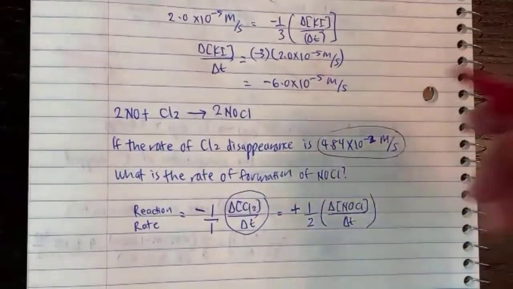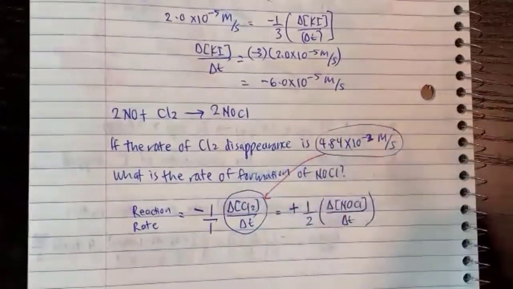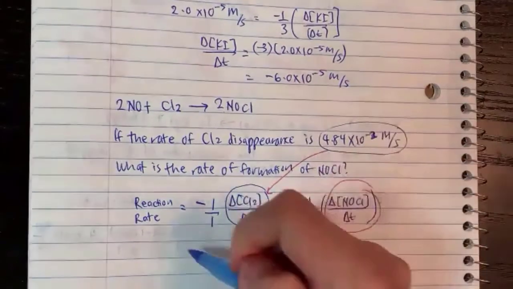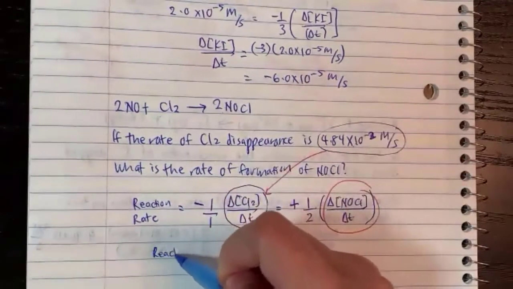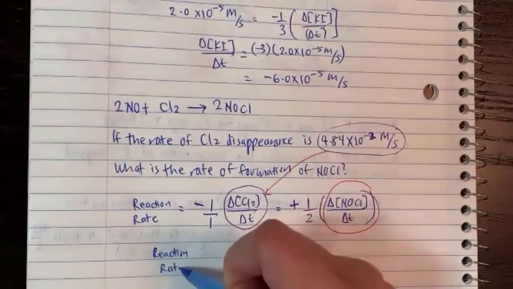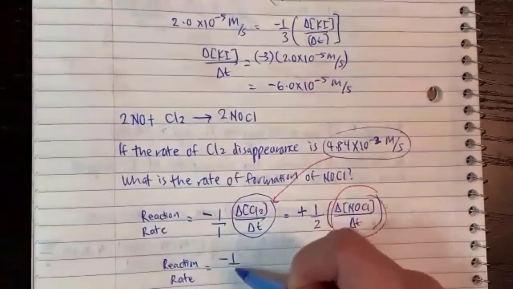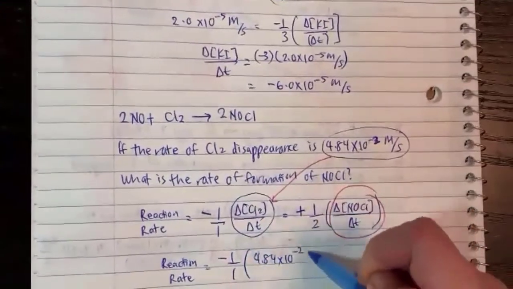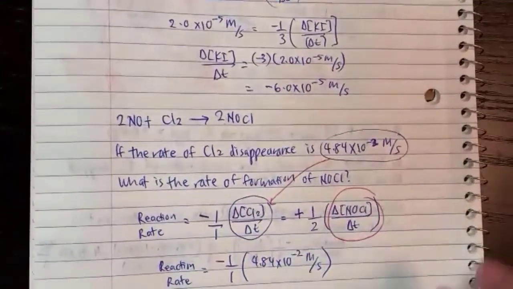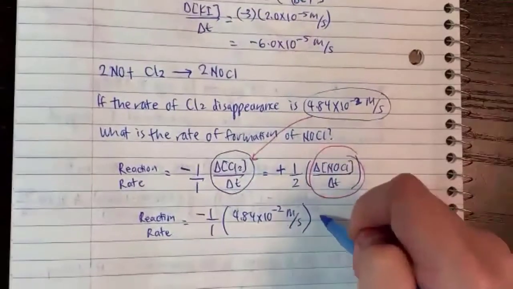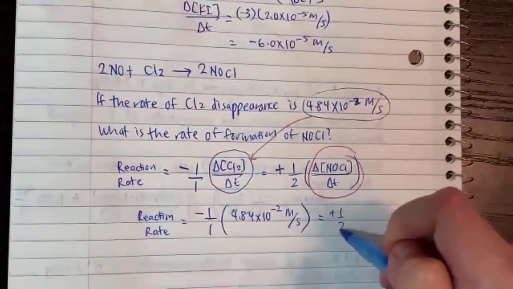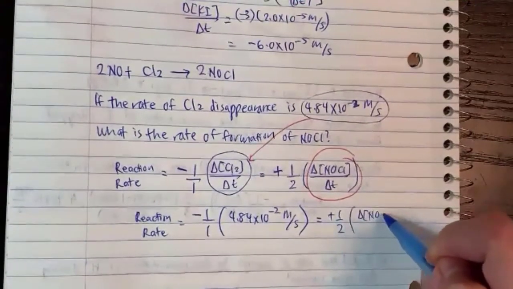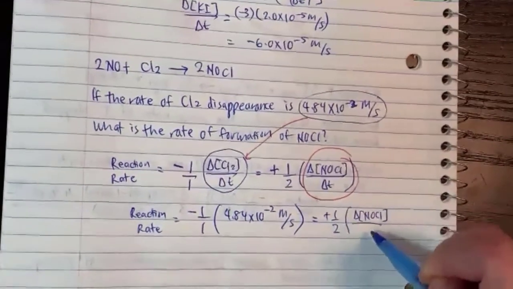So they're saying this is 4.84. Can you find that term? Let me rewrite it down here. So the reaction rate equals negative 1/1 times 4.84 times 10 to the minus 2 molarity per second. And that equals positive 1/2 times the term I'm looking for, the rate of appearance of NOCl.